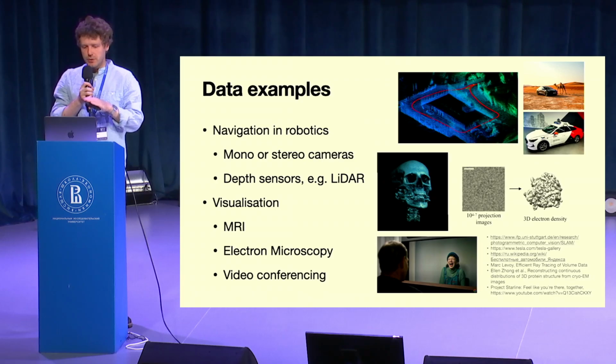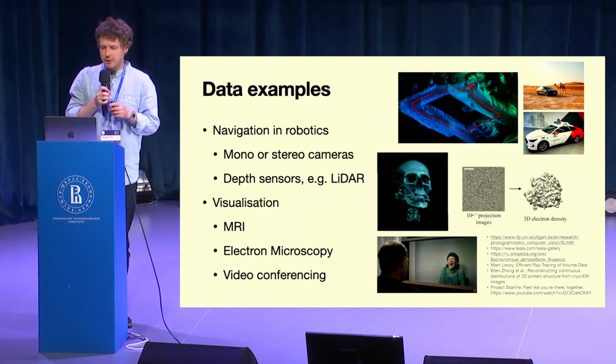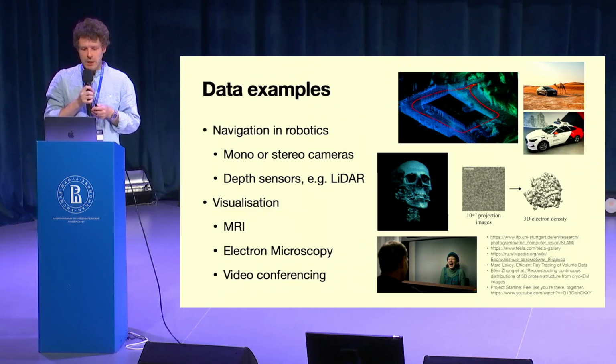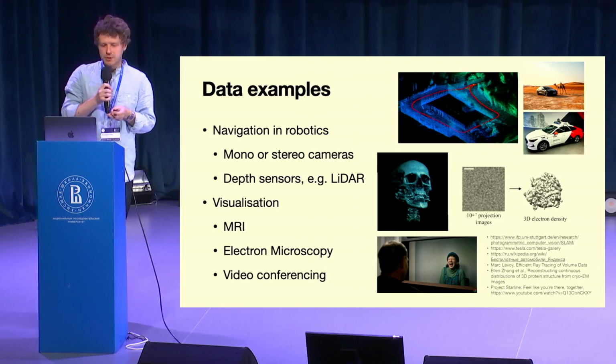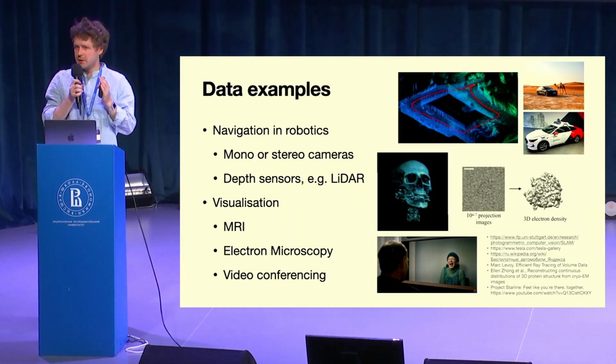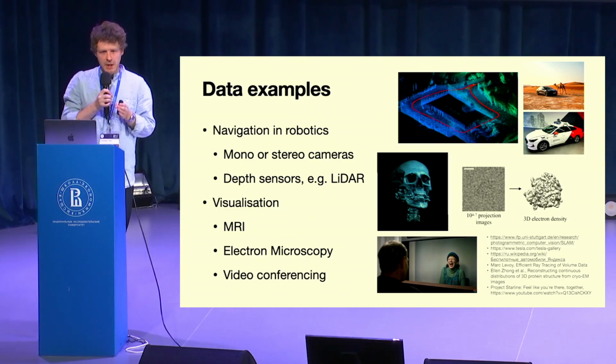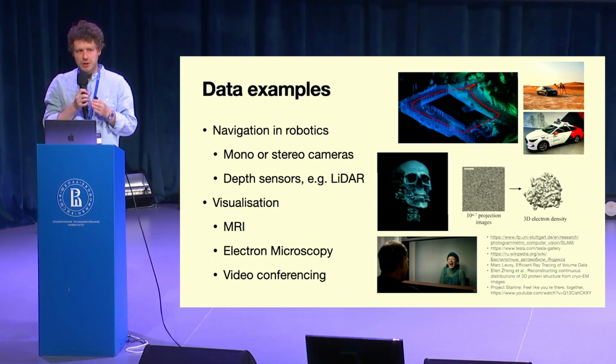The other group of applications, I call it visualization. And there are several tasks I'm pretty excited about. For example, the machinery we're going to discuss today comes essentially from applications to MRI. MRI is an abbreviation for magnetic resonance imaging, and it tries to recover volumetric data from indirect measurements.